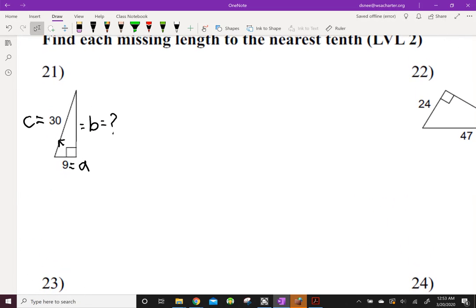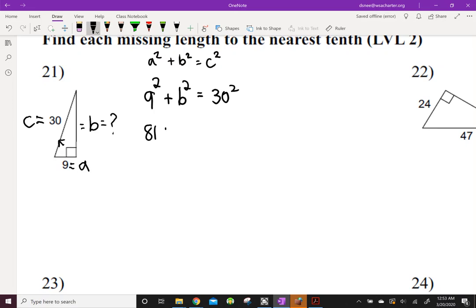Okay, so I have 9 squared plus b squared is equal to 30 squared, because a squared plus b squared equals c squared.